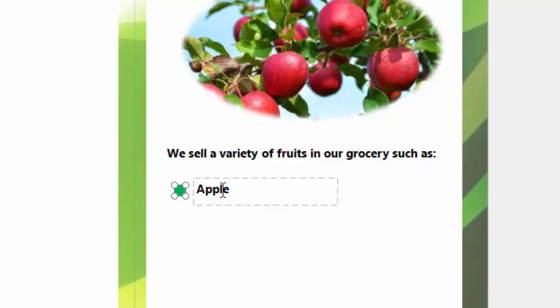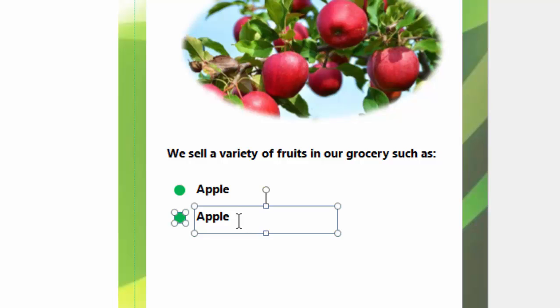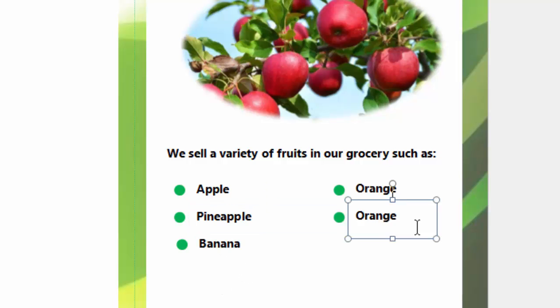I will press Ctrl and select these two. Ctrl C to copy, Ctrl V to paste, and put the other one down here. And write here pineapple. I can have here avocado.